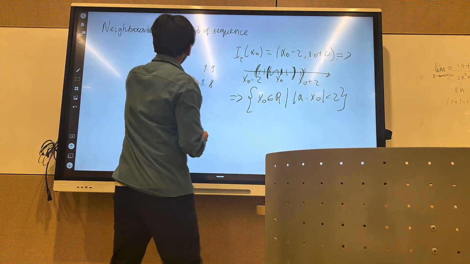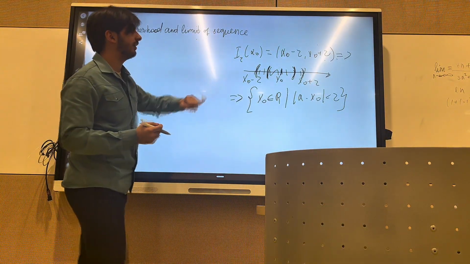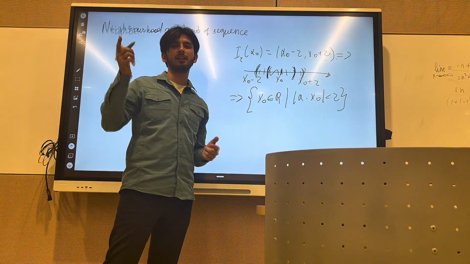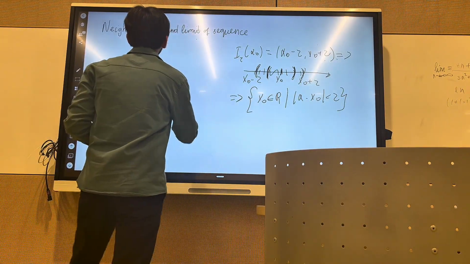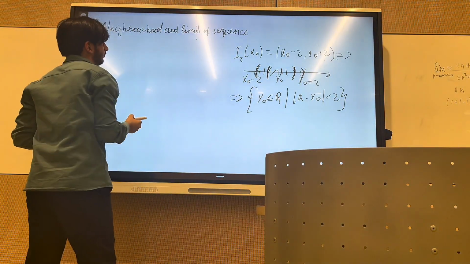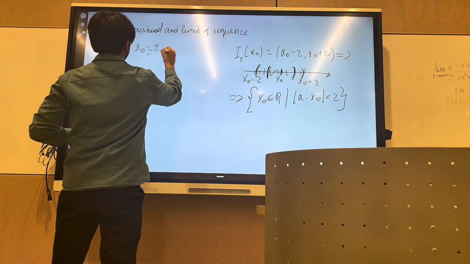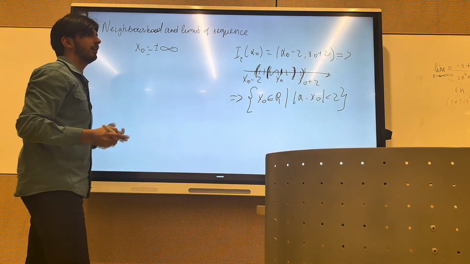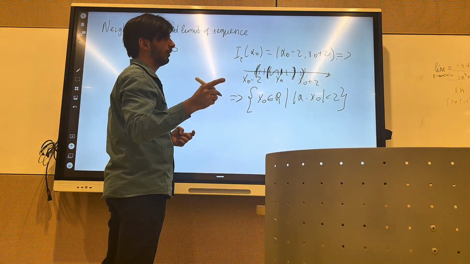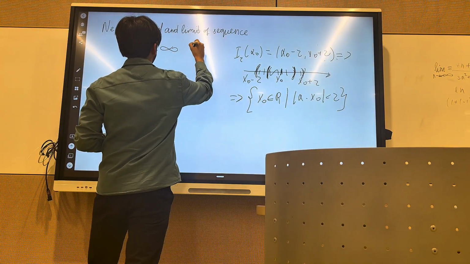And it's also convenient to take x0 as positive and negative infinity. For example, we take x0 as positive and negative infinity, and with our endpoints, we need an endpoint, right?